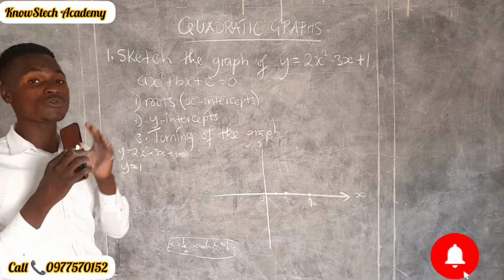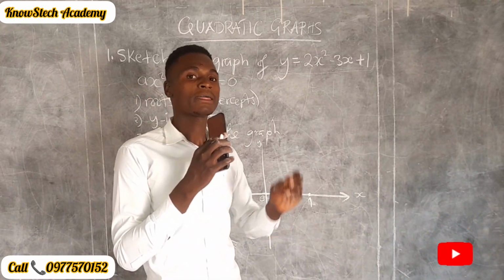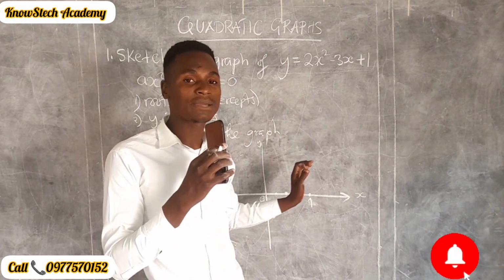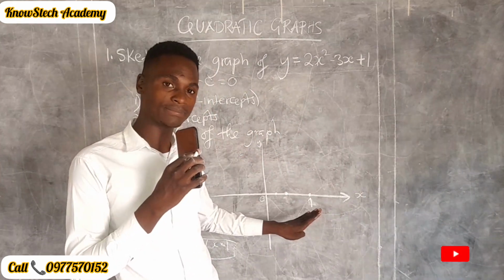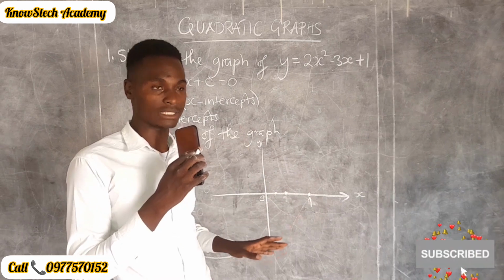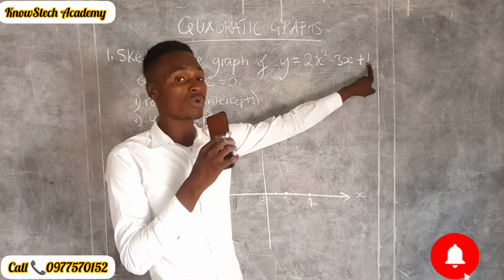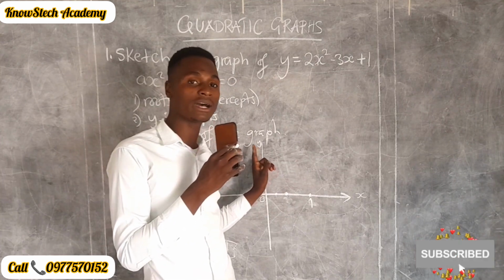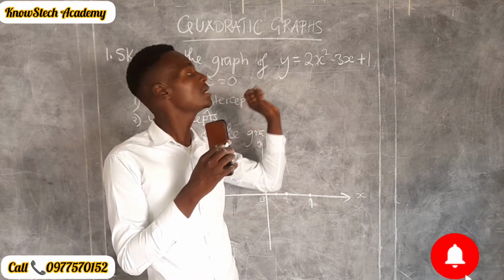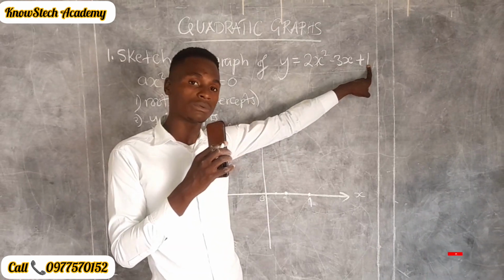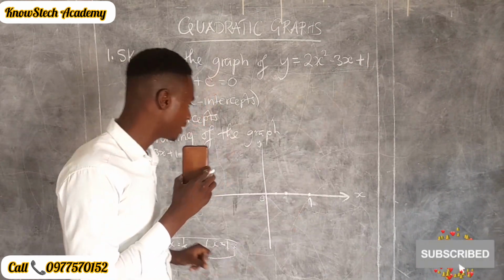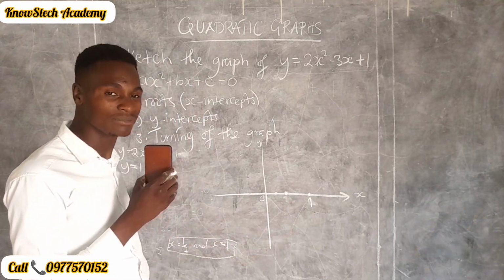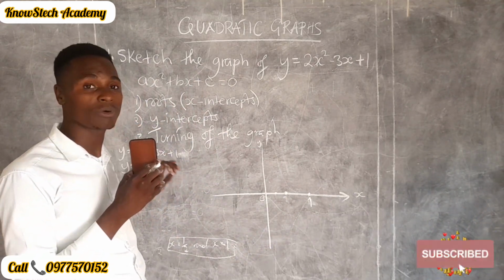In other words, the y-intercept will always be the constant. In this case the constant is 1, then that curve will cross the y-axis at y is equal to 1. If it was 8 here, then our y-intercept would have been 8. That's how simple the y-intercept is.